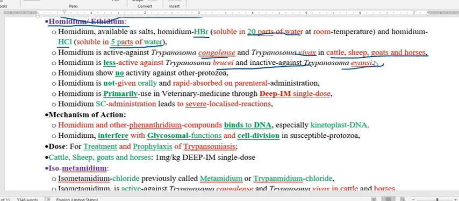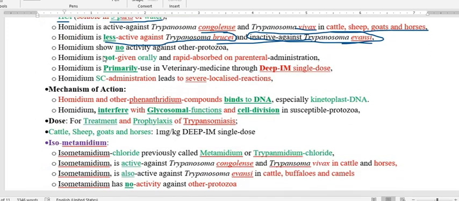Similar to diminazene aceturate, homidium is also less active against brucei and evansi. Regarding evansi, homidium is rather inactive, and it is less active against Trypanosoma brucei.